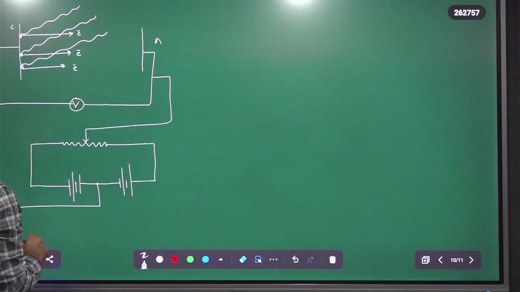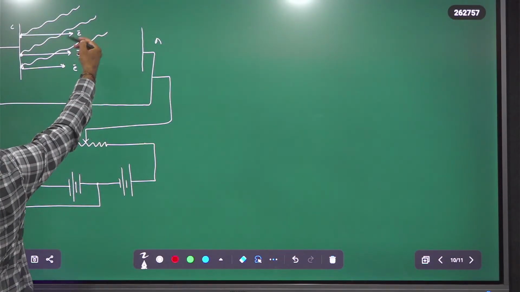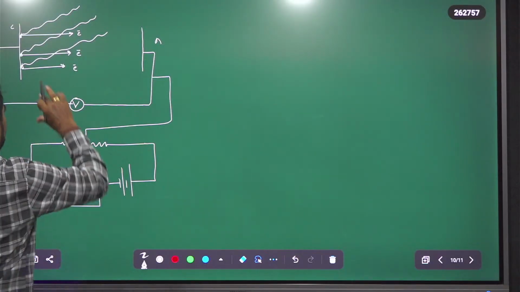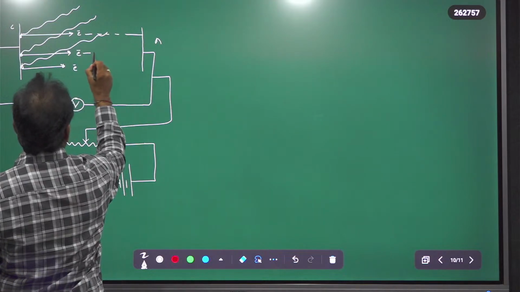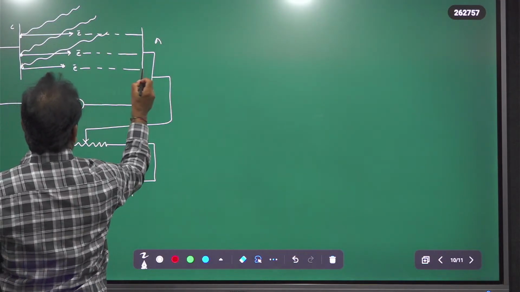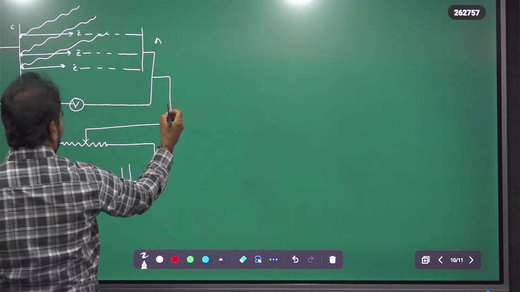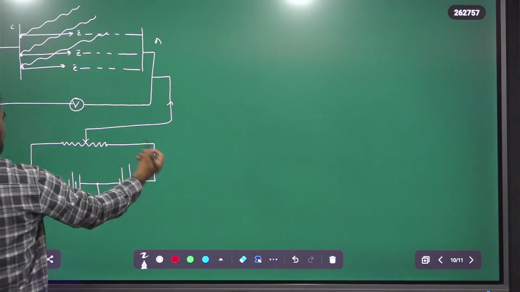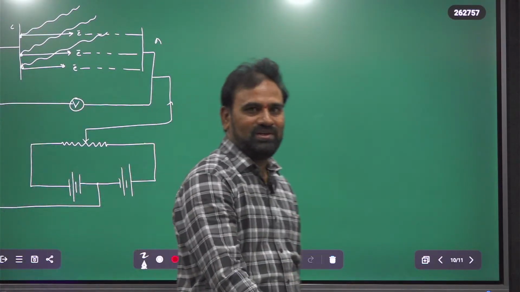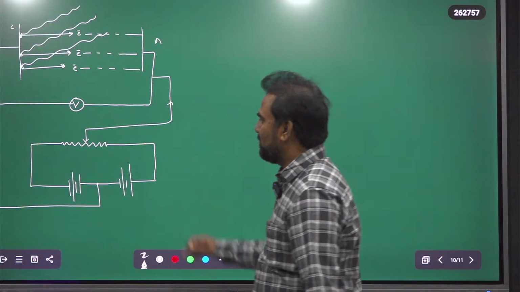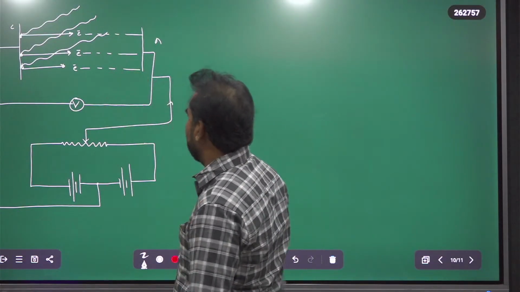This emission of electrons is collected by the anode. When the electrons are collected at the anode, the current flows from the positive terminal direction to the negative terminal direction, and the photoelectric current is developed across them.